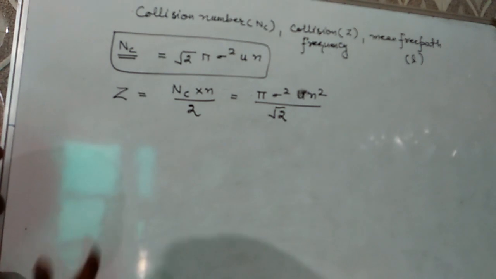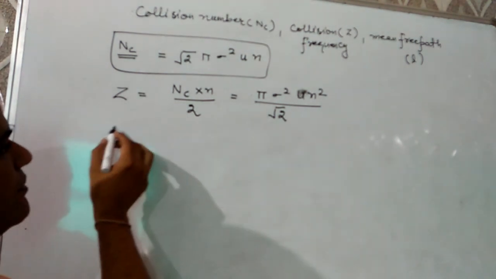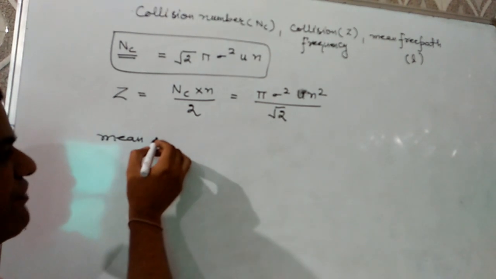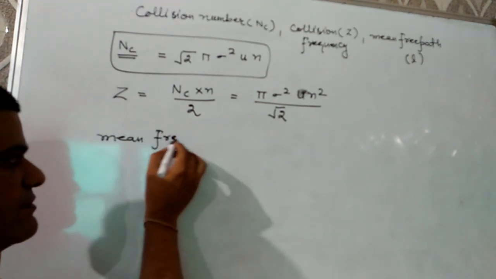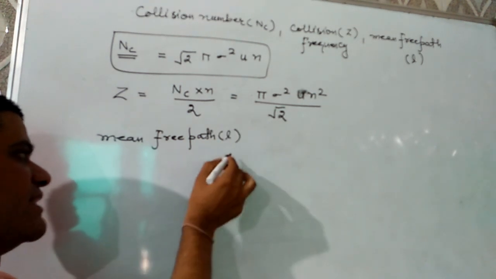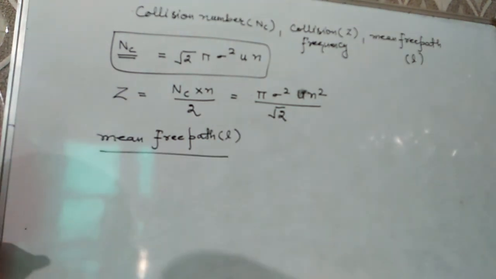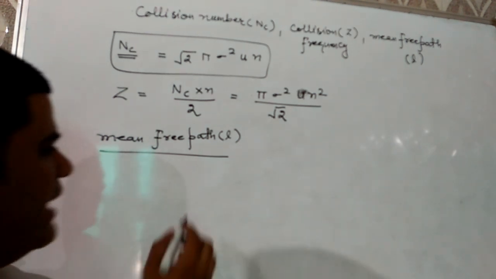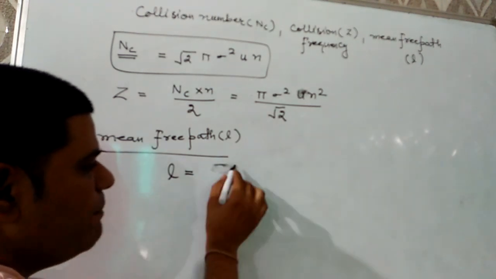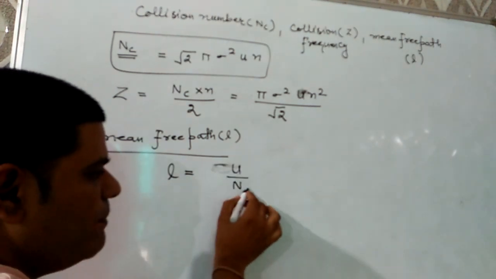The last one is the mean free path. Mean free path means the average distance between two successive collisions, and it is equal to U upon Nc.